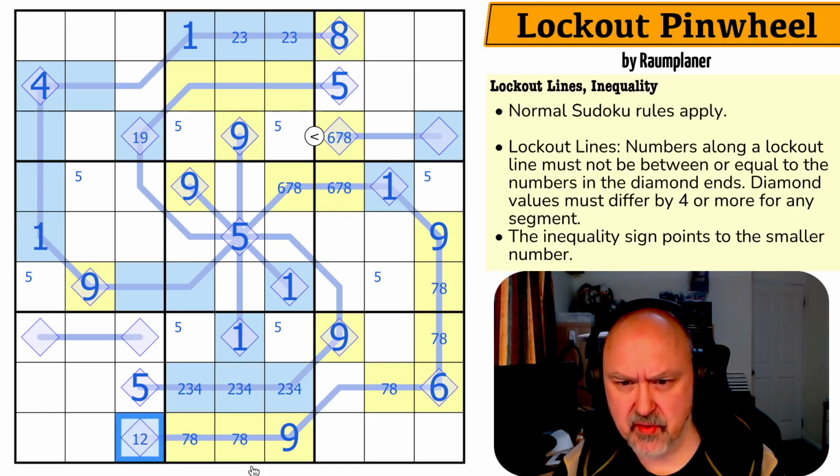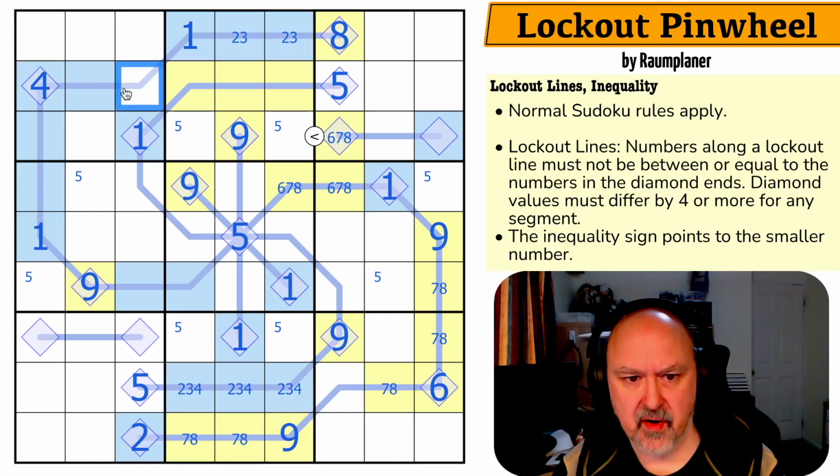Why do I have that but not that? Because of the 9. Why do I have that 9 but not that? I do have that. That's blue. That's a 1. So that's a 2. I'm going to trust my pencil marks here.